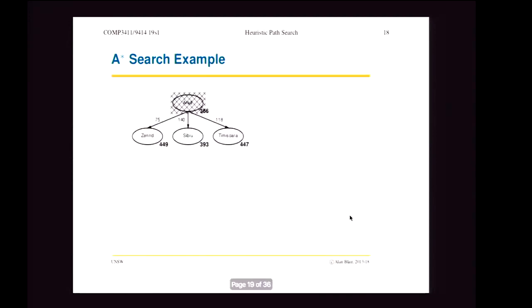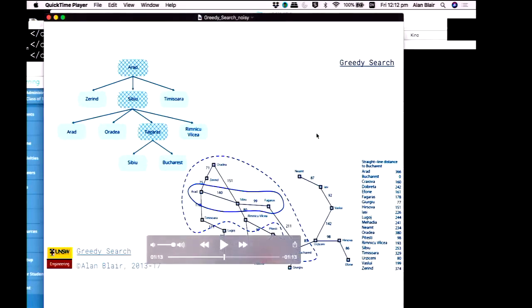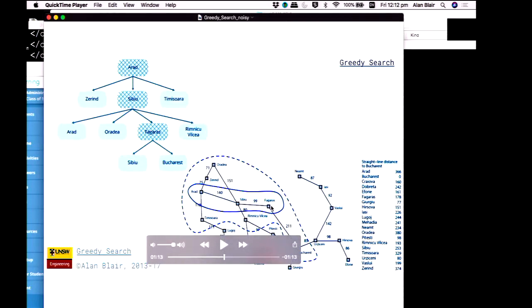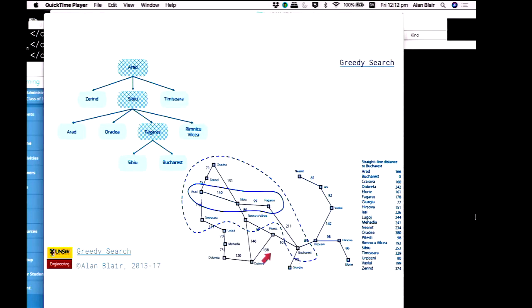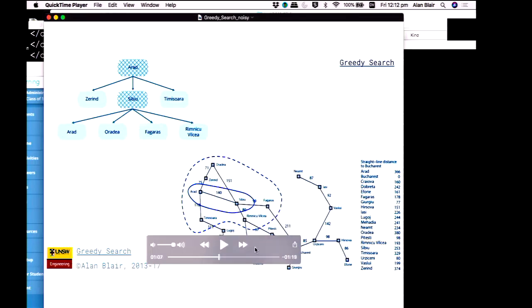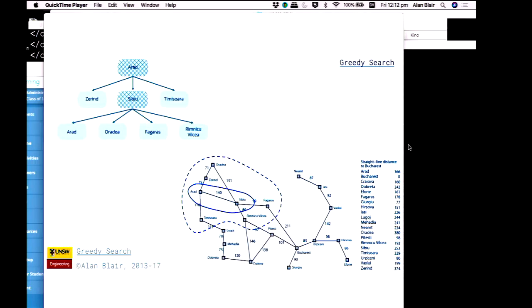Now, let me try to explain the motivation for this. So let's look at what happened with greedy search. The reason it found the suboptimal solution is because it chose to expand Fagaras instead of Rimnicu Vilcea.